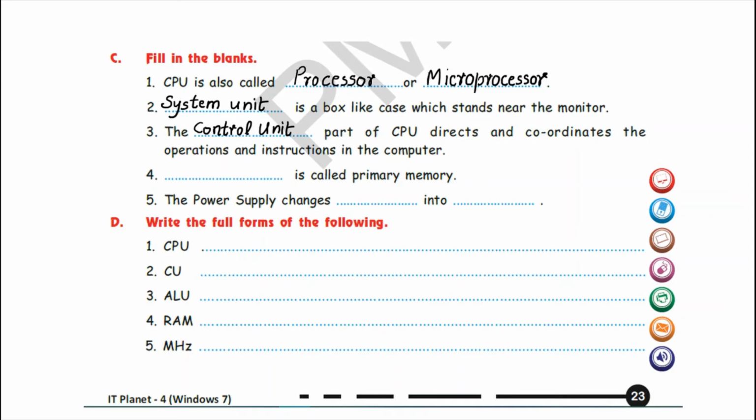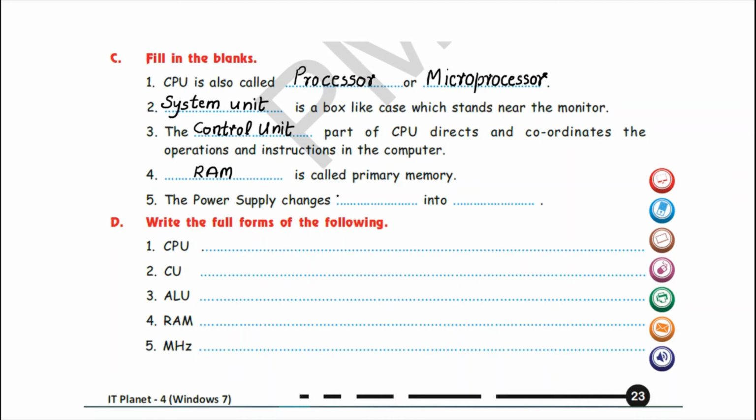Number 4. Dash is called primary memory. RAM. Right here, RAM. RAM is called primary memory. Number 5. The power supply changes dash into dash. The power supply changes, children, alternative current into direct current. So let's write it here.